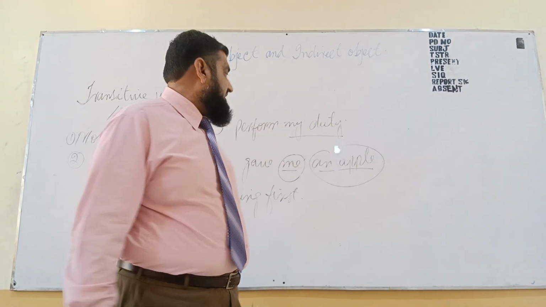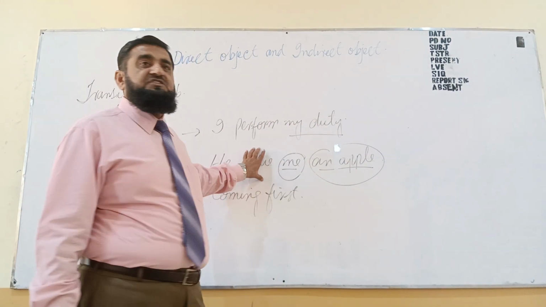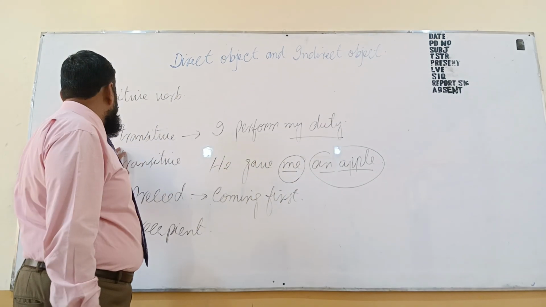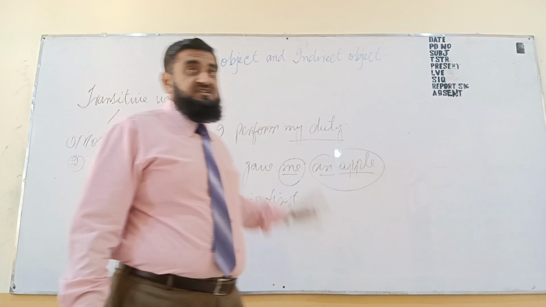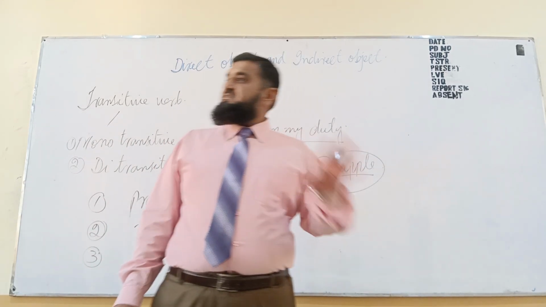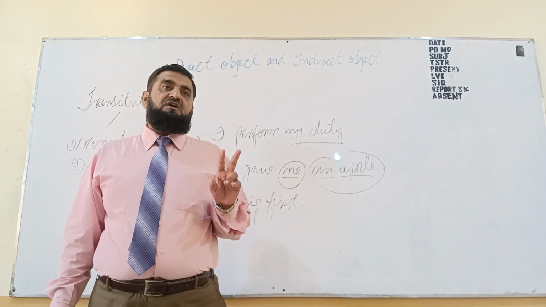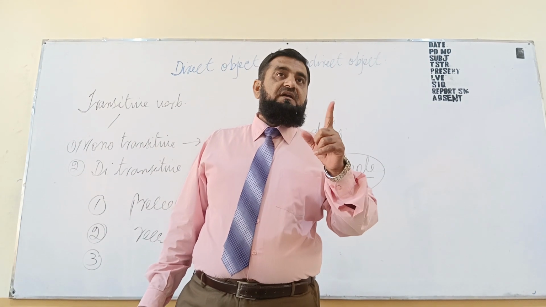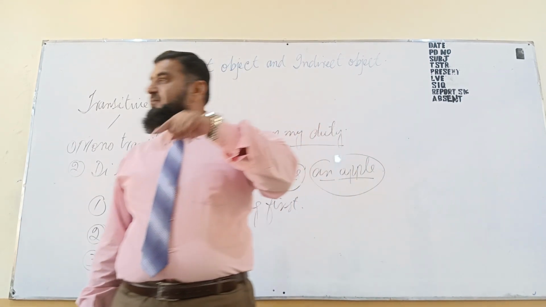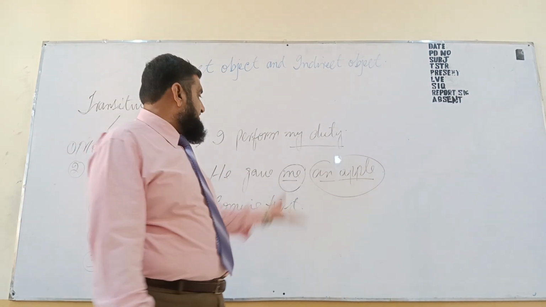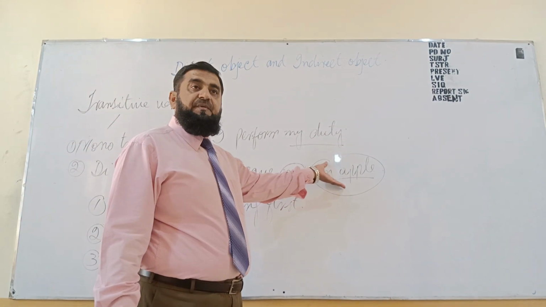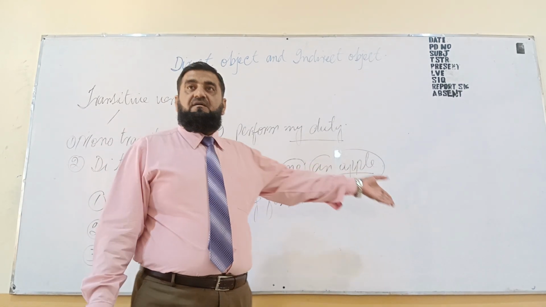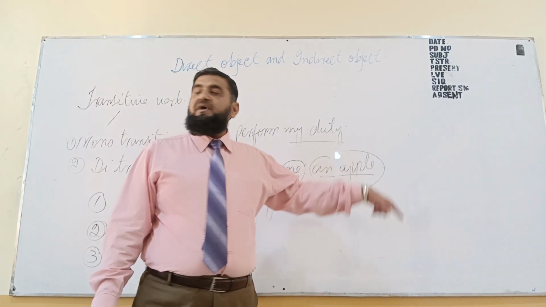One more point: when we are going to change this sentence into passive voice, because a sentence with a transitive verb can be changed into passive voice, and when a sentence contains two objects, which object will be in the place of the subject? Keep in mind, the direct object will come at the place of the subject. So this sentence will be changed to: an apple was given to me by him.